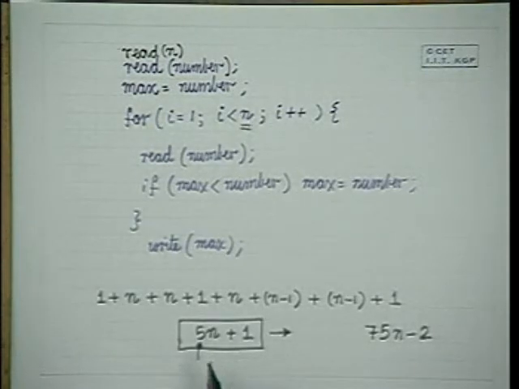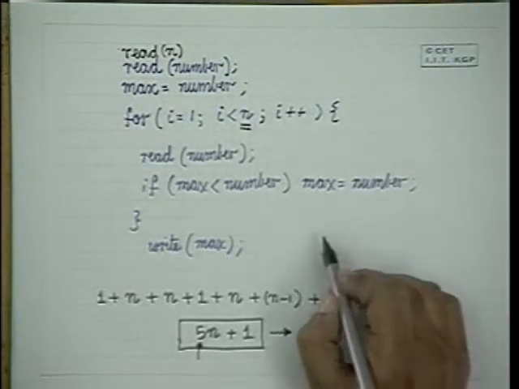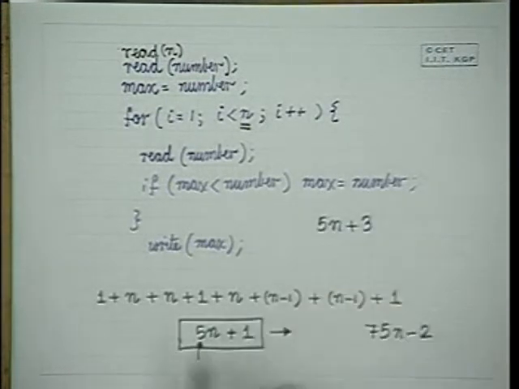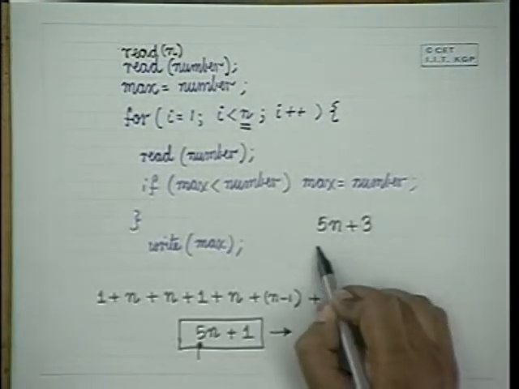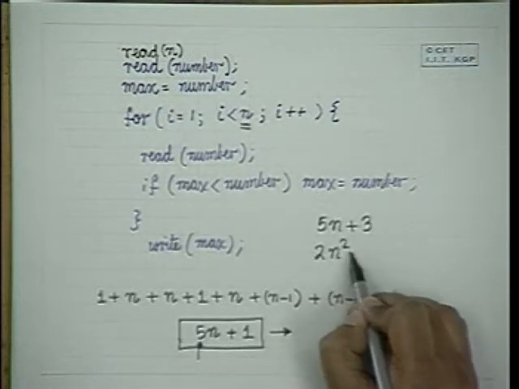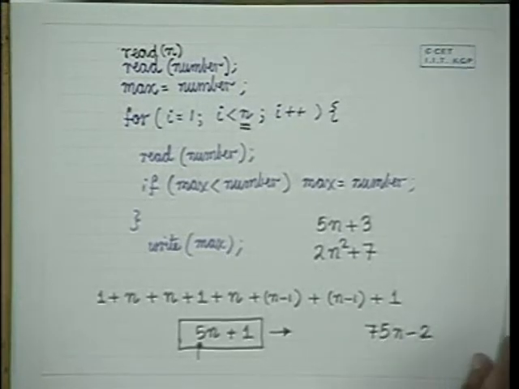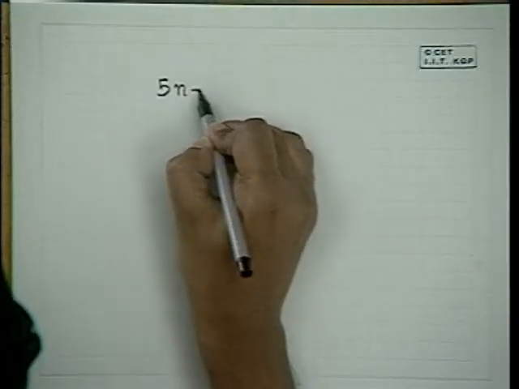But suppose somebody has got 5n plus 3, and another program has got 2n square plus 7. I'll repeat a little more here. Suppose I have got one program which has got 5n plus 3.